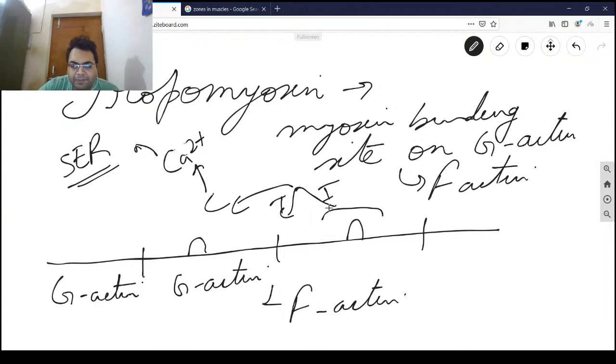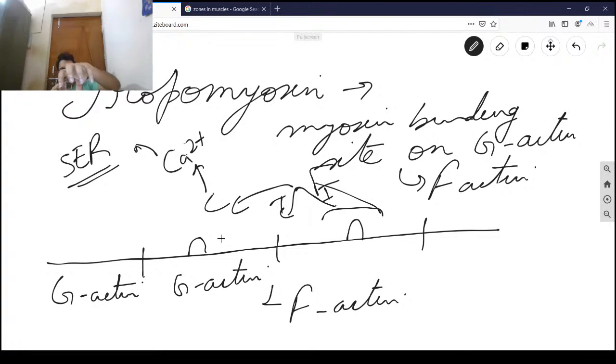Then it will pull, this will also get pulled, and then this will be free. These subunits, or the binding sites or active sites, will be completely free, and then the myosin with its myosin binding head, which has the actin binding site, will be able to bind.